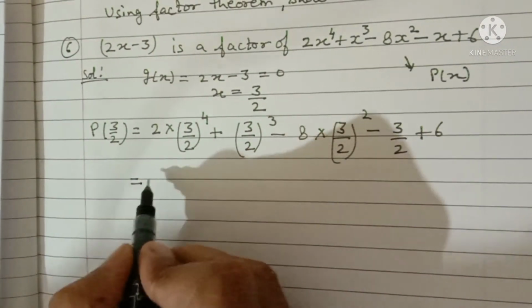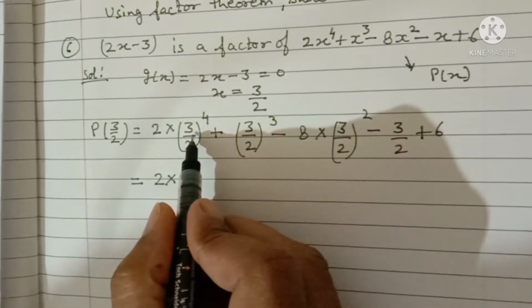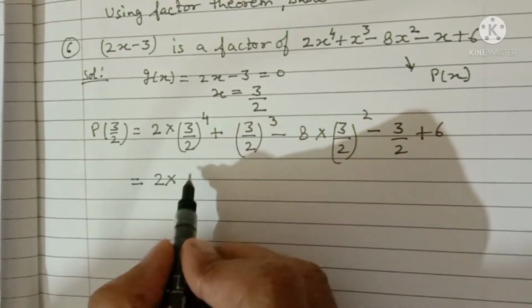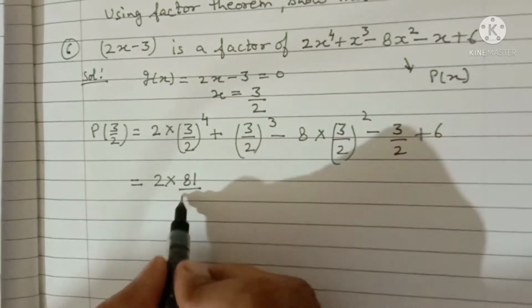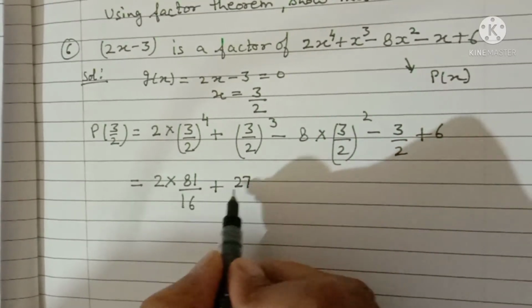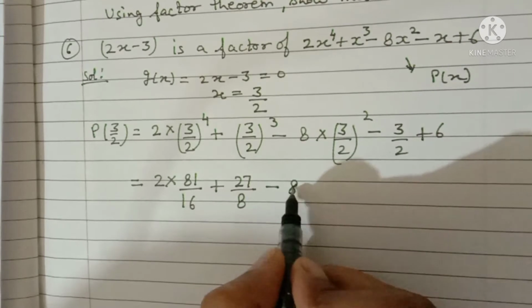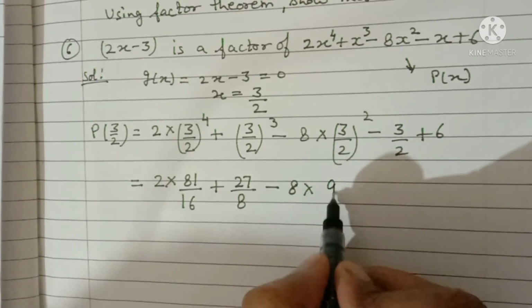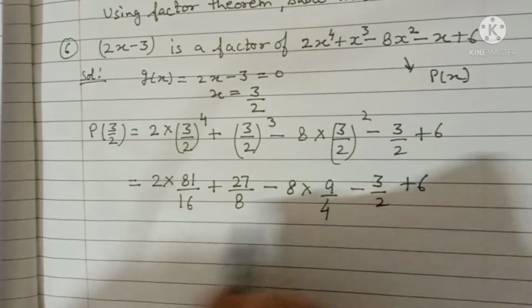This is equal to 2 into 3 threes are 9, three 9s are 27, 3 times 27 is 81, and 2 to the power 4 is 16, plus 3 threes are 9, 27, and 2 cubed is 8, minus 8 into 9 upon 4 minus 3 by 2 plus 6.